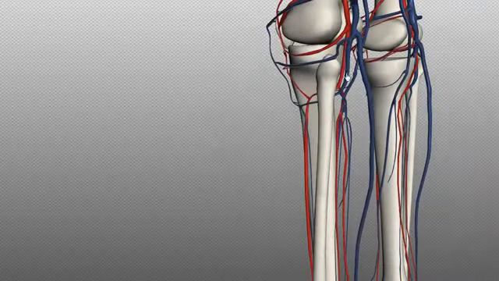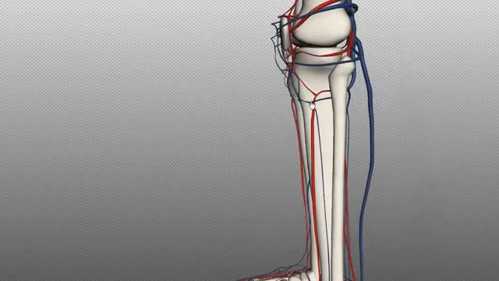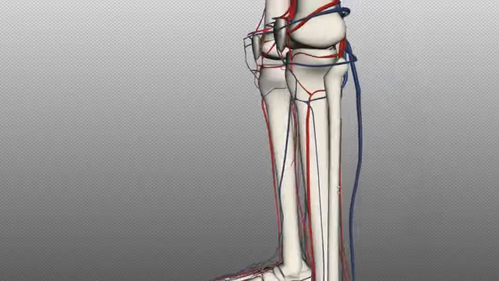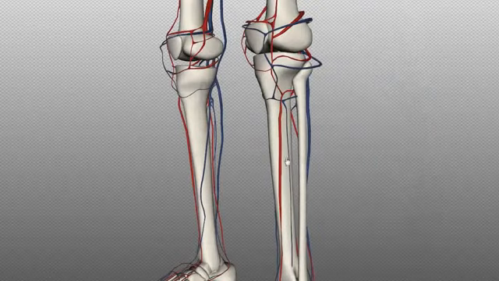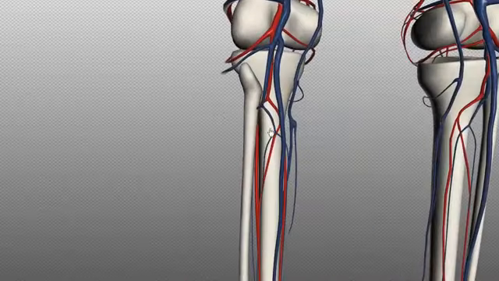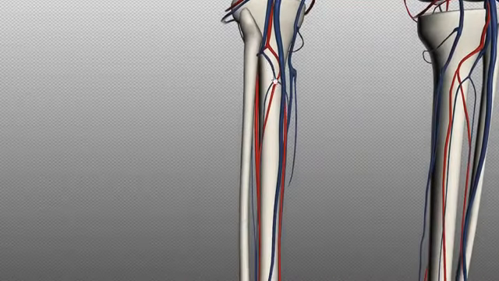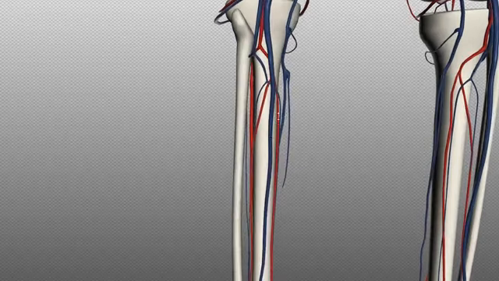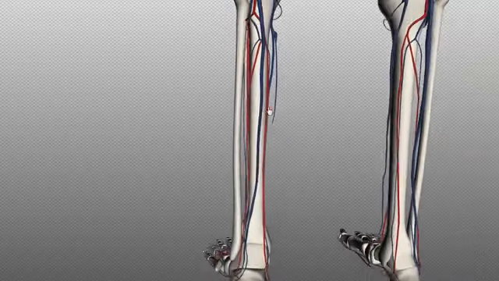The popliteal vein has a branch, the anterior tibial vein, which goes down the anterior aspect of the tibia, just like the anterior tibial artery. And then you've got these two veins. You've got the peroneal vein, which is also known as the fibular vein because it runs on the fibular side, the peroneal muscle group, or the lateral muscle group of the lower leg.